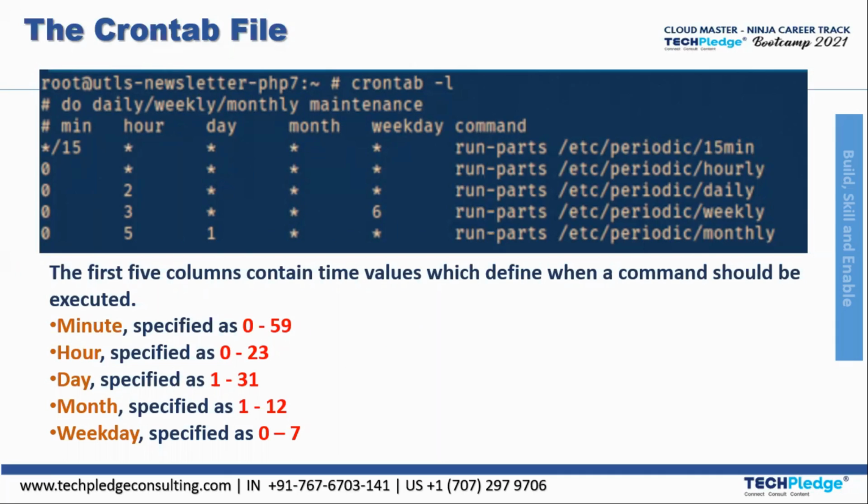Minute is specified between 0 to 59, hour from 0 to 23, day from 1 to 31, month from 1 to 12, and weekday from 0 to 7. So that's how it works. You can see minute, hour, day, month, weekday. So yes, this is about the crontab file, how it works, and what a cron job scheduler is.